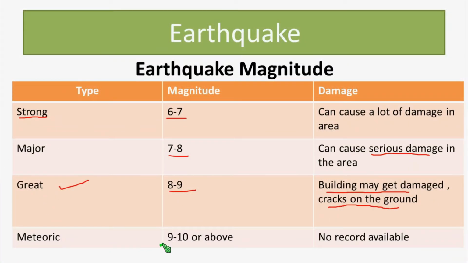The last intensity of earthquake is 9 to 10 or above. As yet we have no record of how much damage this type of earthquake can cause, because such an earthquake has not been recorded by the Richter scale yet.